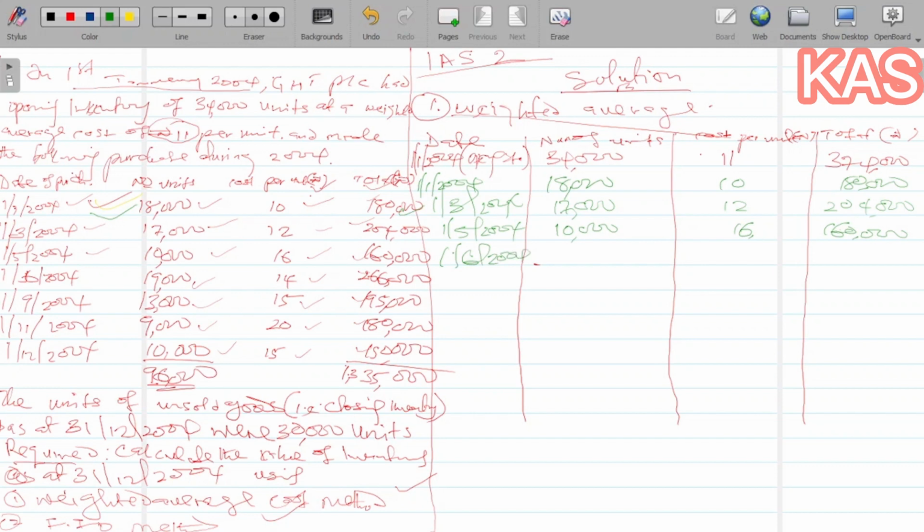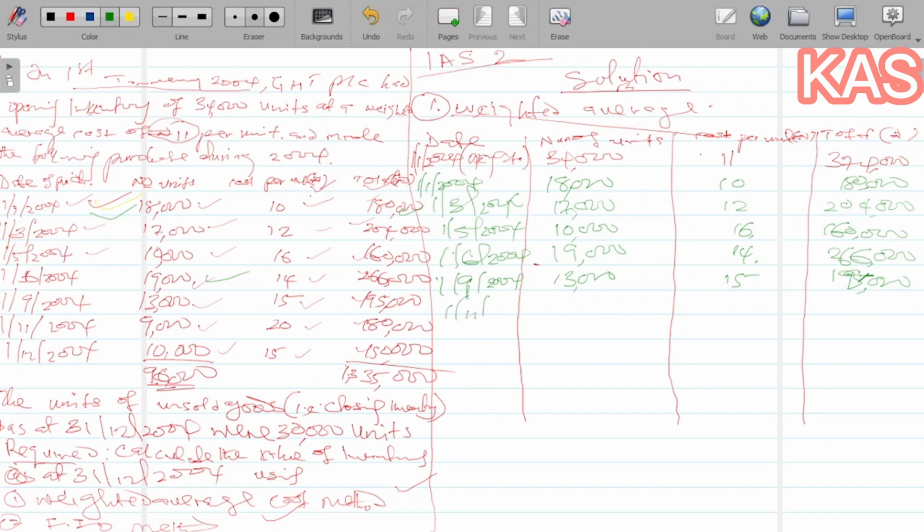Then in June 2004, what do we have? We have 19,000 at 14 naira. Then 19 times 14, we have 266,000. Then 1st of September, we have 13,000 at 15 naira, then we'll have 195,000.